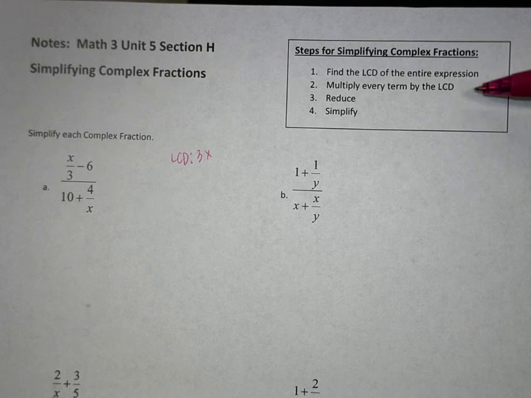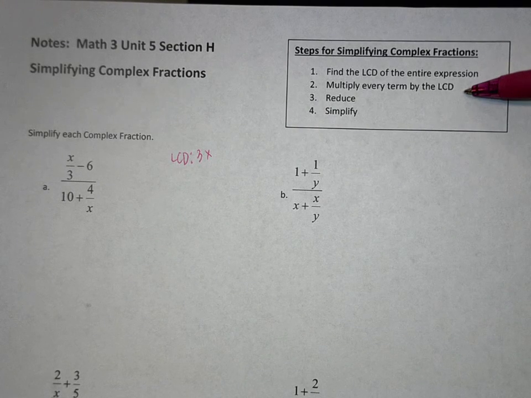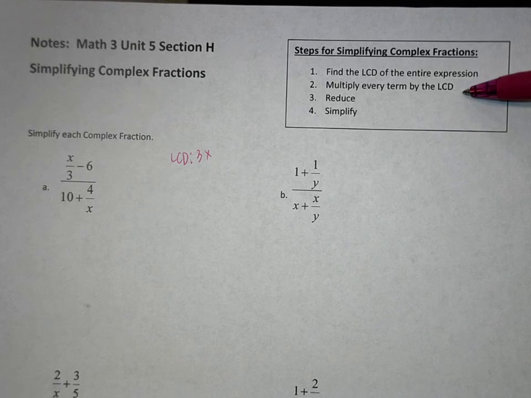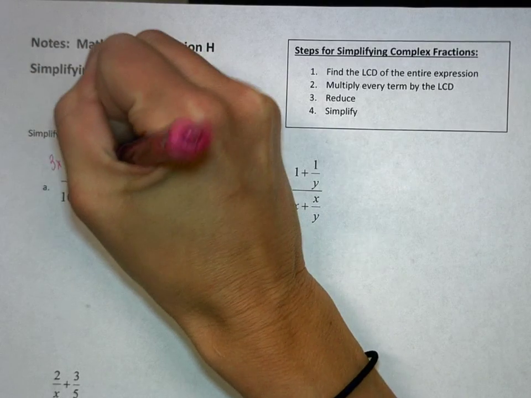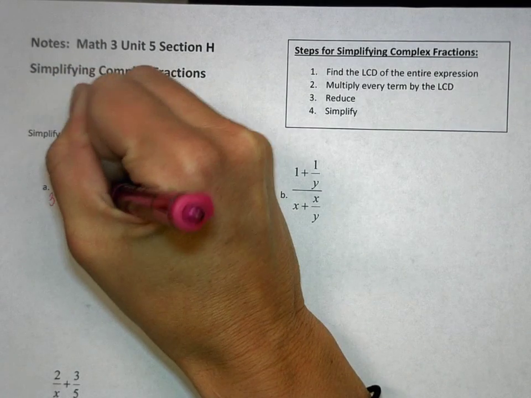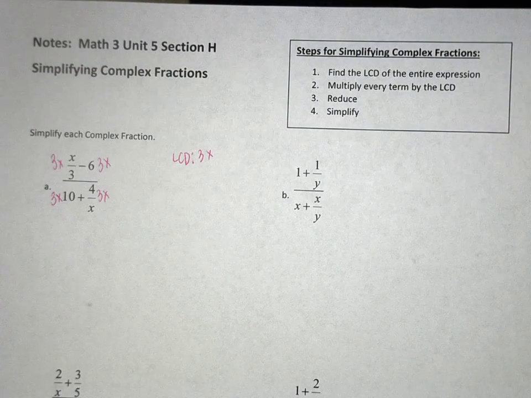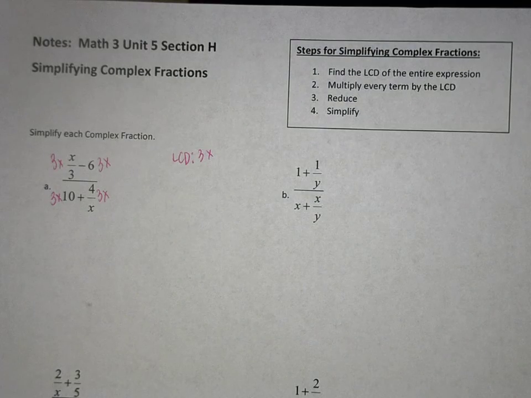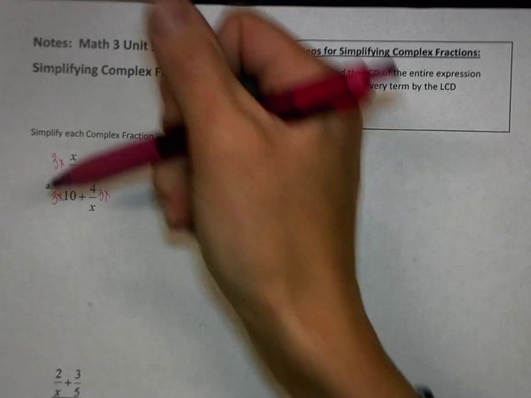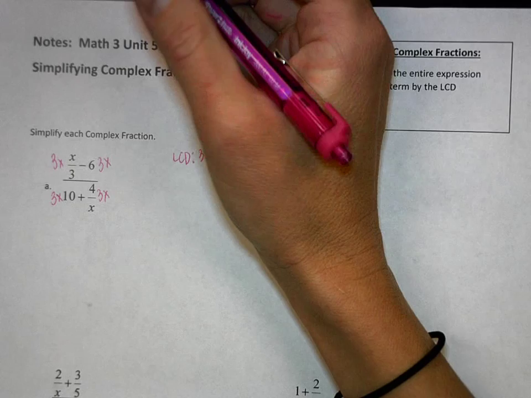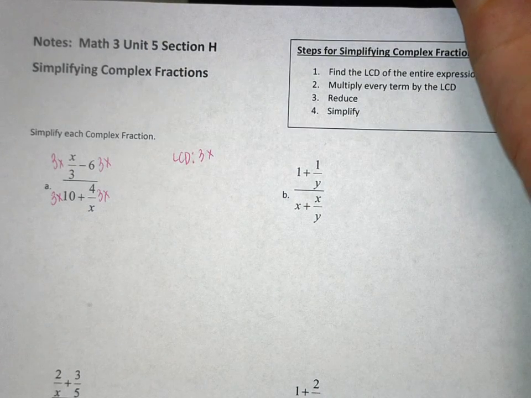Next step is that you will multiply every term by the LCD. So I go through and I multiply every single term, whether it has a fraction or not, by 3x, whatever the LCD happens to be. The whole purpose of this is to eliminate fractions, right?